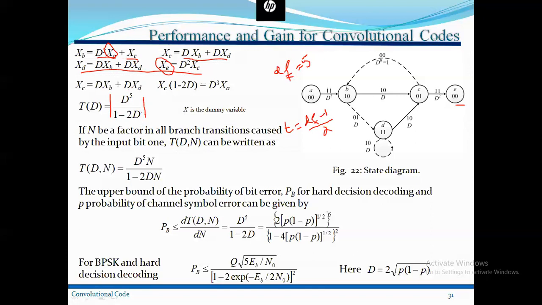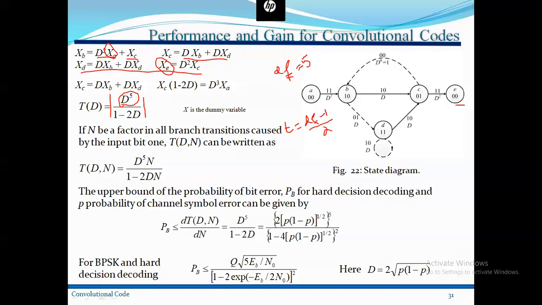If you divide it, you will get the values of how many paths with how many distance we have in this. So this is the path with the minimum distance of 5 in this convolution coder.